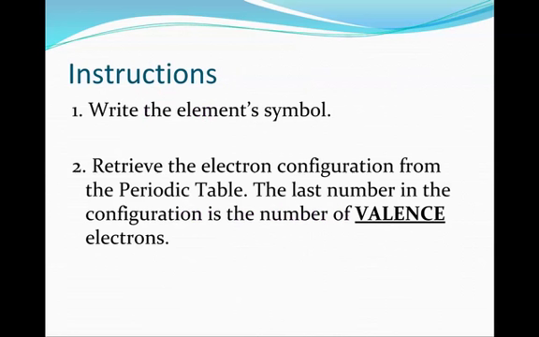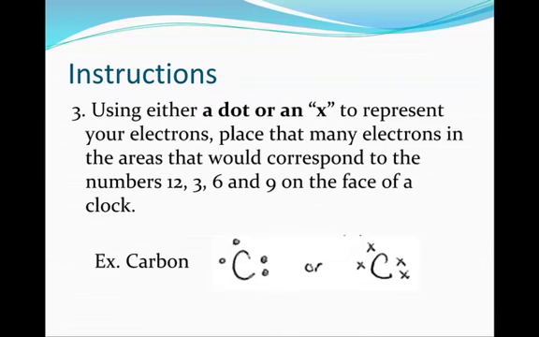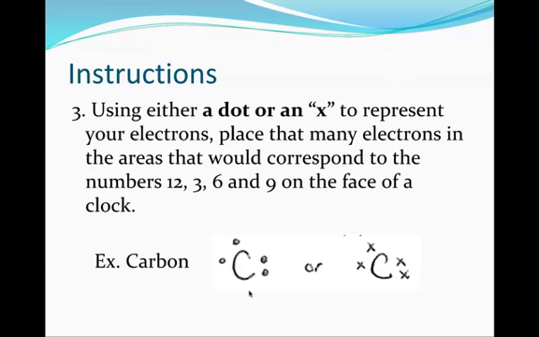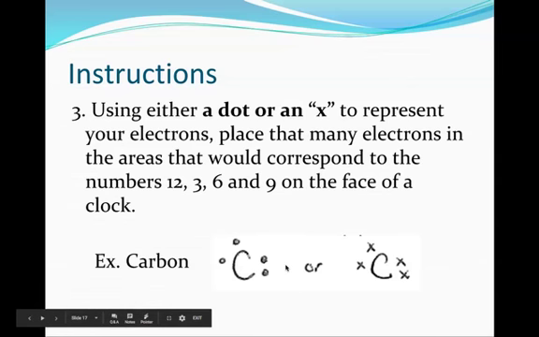We write the element symbol, look up the last number in the electron configuration, and then place those dots around the carbon. Usually you want to put them on each side. If you think about a box being drawn around carbon, we tend to put the first two together and then spread out the remaining ones around the symbol. Carbon has a configuration of 2-4, so 4 valence electrons, which is why we have 4 dots on the carbon.